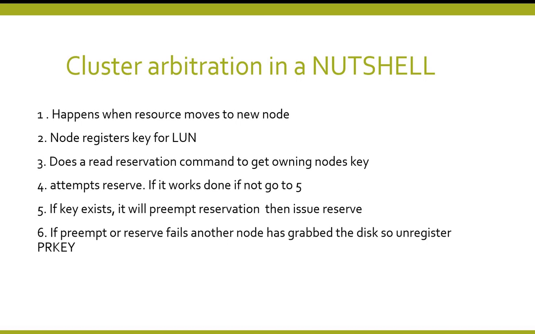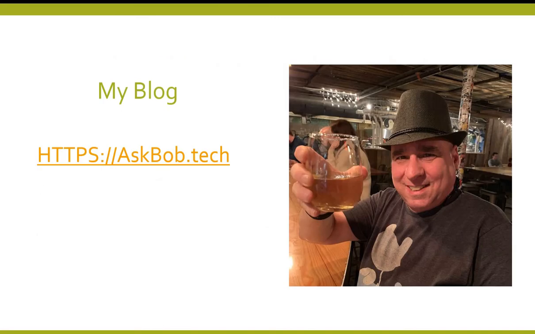I have a blog that describes a bit about reservations, and I have a failure in the blog that was taken from a 2-node cluster. So that was a real failure that I gave as an example, and that failure looks very similar to an arbitration failure on a 2-node cluster.